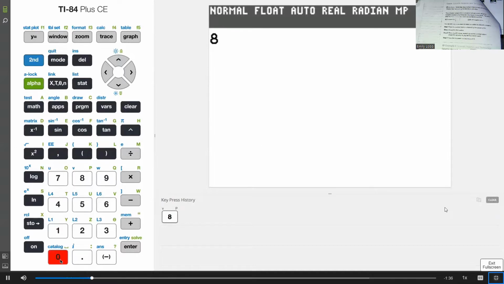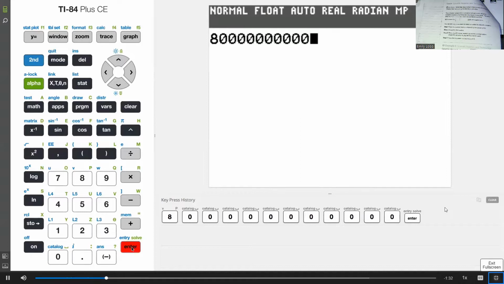Enter 8 followed by 11 zeros, then press enter. The calculator displays 8E11. The E11 means multiplied by 10 to the 11th power. So the value after the E symbol represents the exponent on the power of 10. So 8E11 means 8 times 10 to the 11th power.